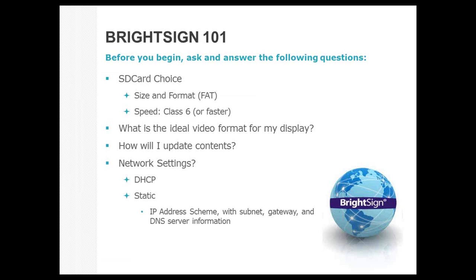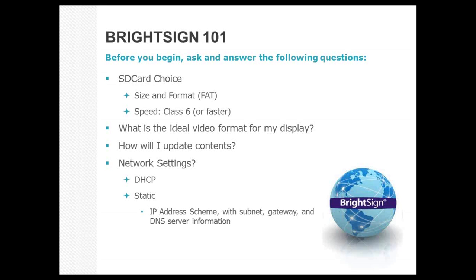If you're publishing via the network, there are things about that network you're going to need to know. And that's what we refer to in the next bullet item here on this slide. We need to know if your network settings will be handled by DHCP, or if your network settings will be handled manually, or static.